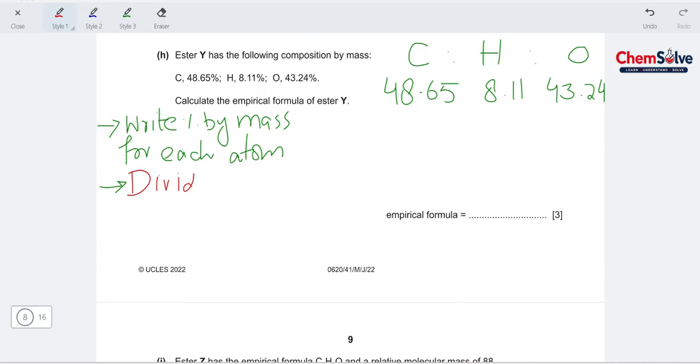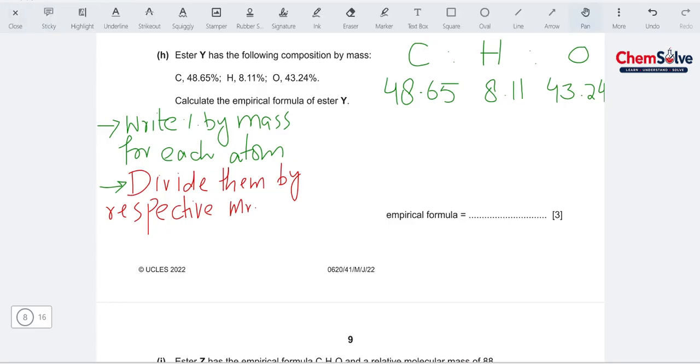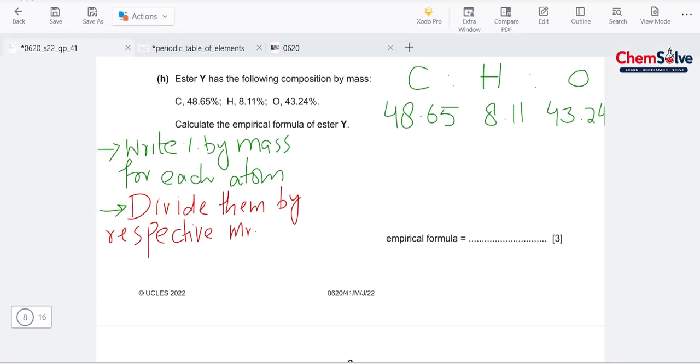Divide them by respective molar masses. Okay, and for molar masses we have to use the periodic table. So let's move towards the periodic table.